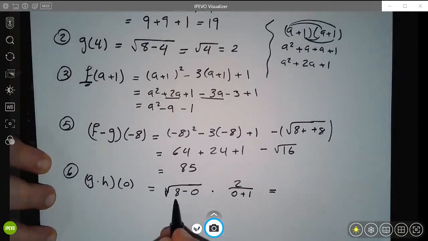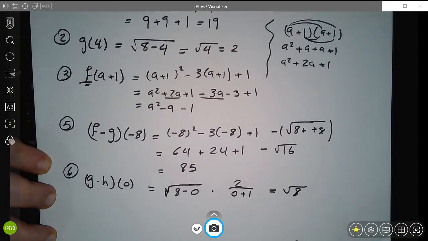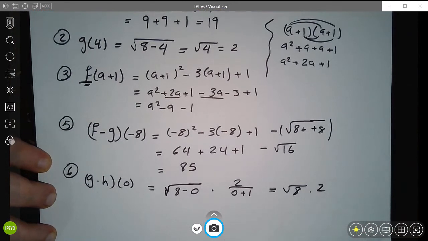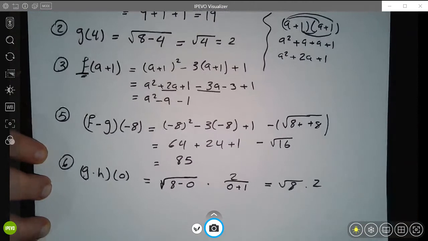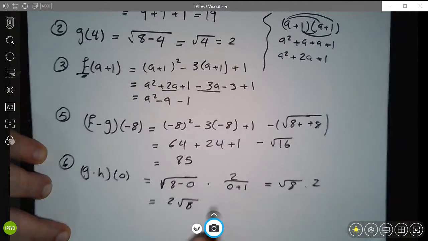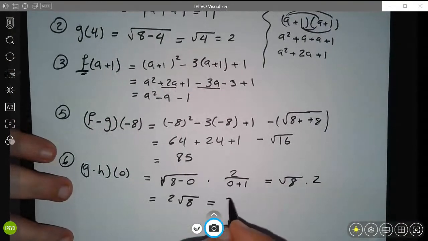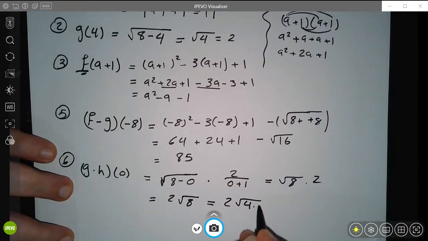All right, so 8 minus 0 is just 8. So we have root of 8 times 2, because 0 plus 1 is 1, and 2 over 1 is 2. So it's 2 root of 8. You can rewrite this as 2 times square root of 8. You can simplify square root of 8 a little bit, because this is actually square root of 4 times 2.